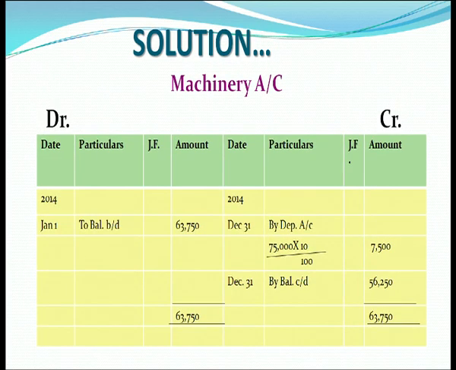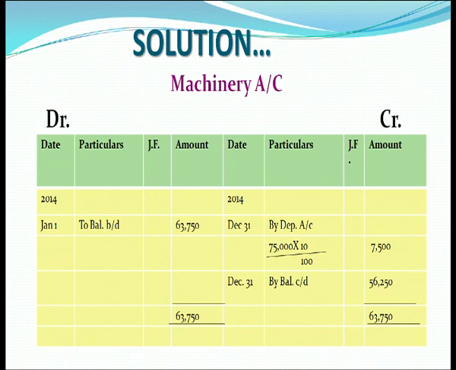Same way for the third year, because the question says that you have to prepare the machinery account for the next 3 years. So, again in 2014, the same procedure would be followed. We will bring the balance from the previous account, which stands at 63,750.